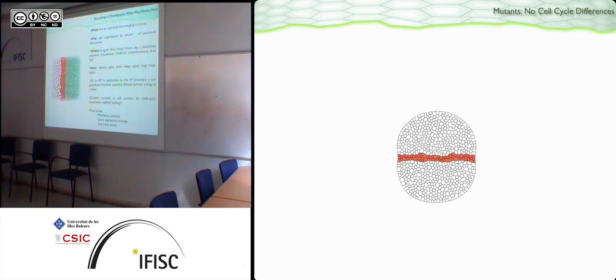As I was telling you before, if you do a mutant, in the biological sense, where the cell duration is different but everything else is as in the wild type, and I just removed one thing: the cell affinity is the same all over.